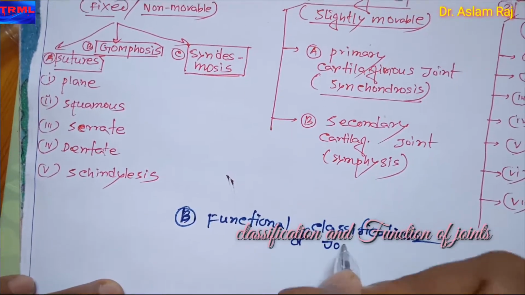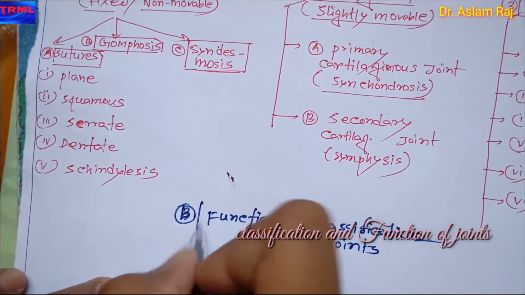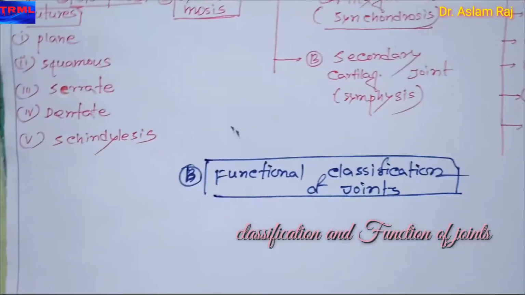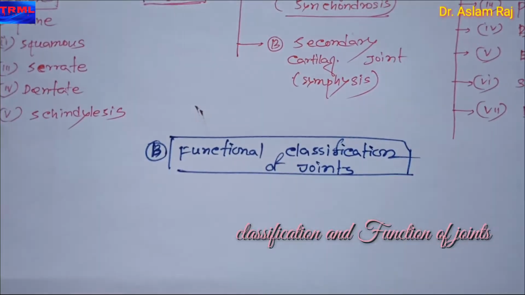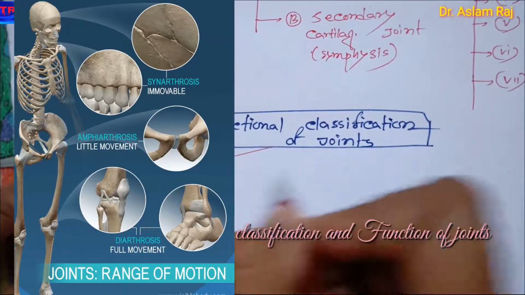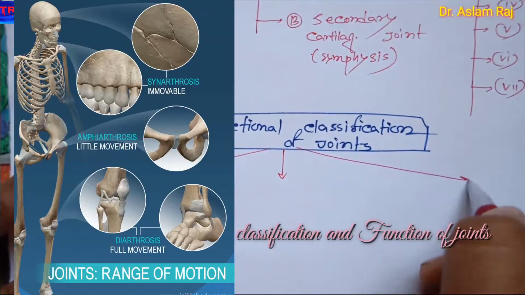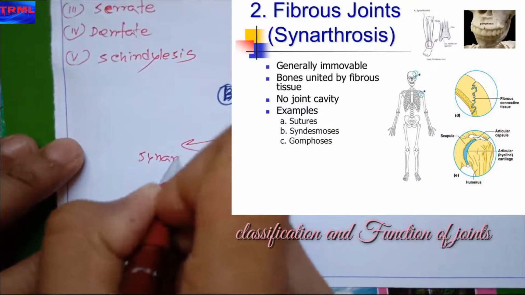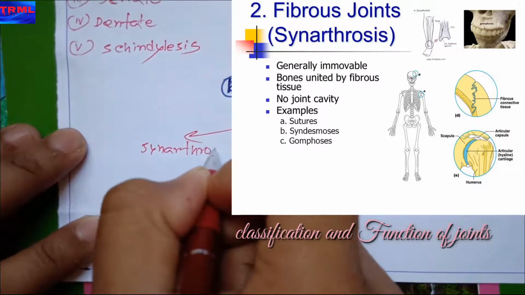It also has three types: synarthrosis, amphiarthrosis, and diarthrosis. Synarthrosis is immovable, amphiarthrosis has little movement, and diarthrosis is freely movable.